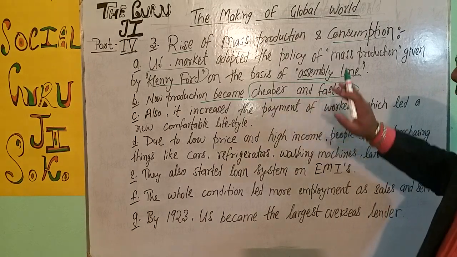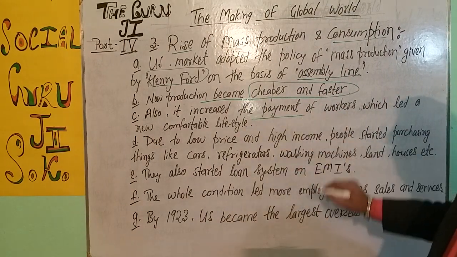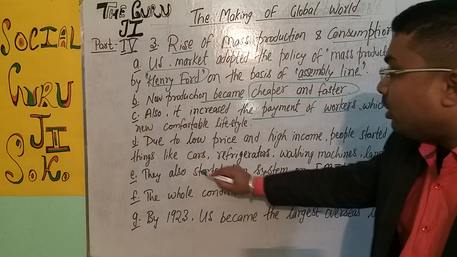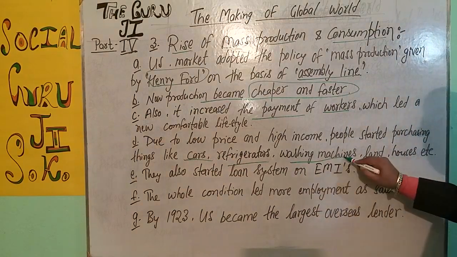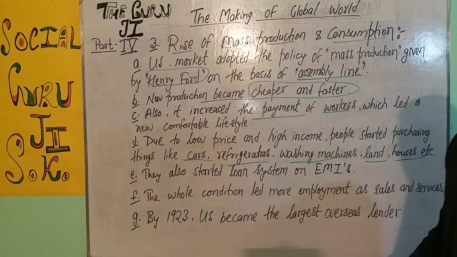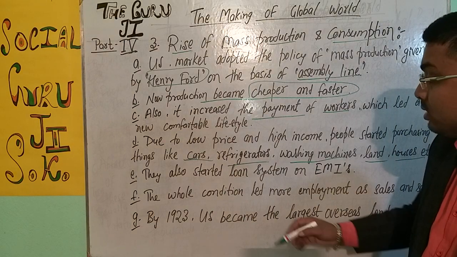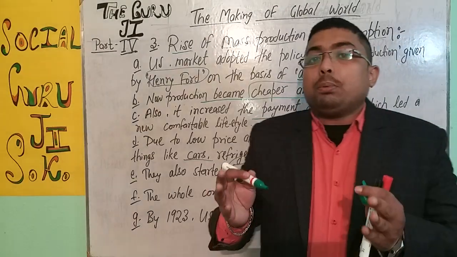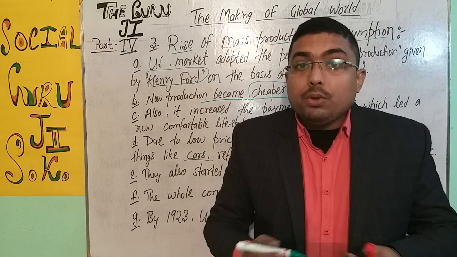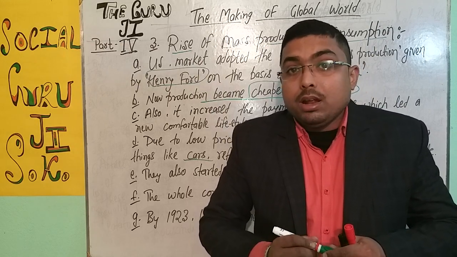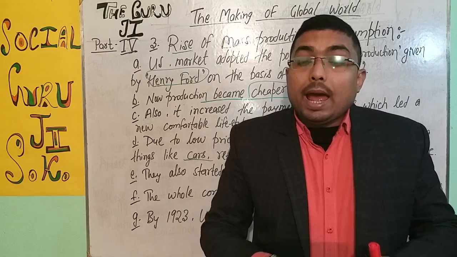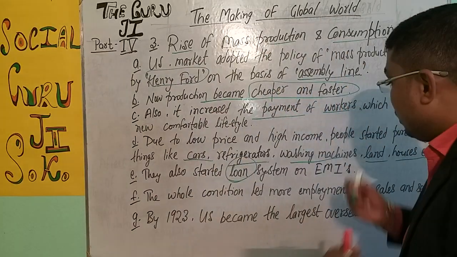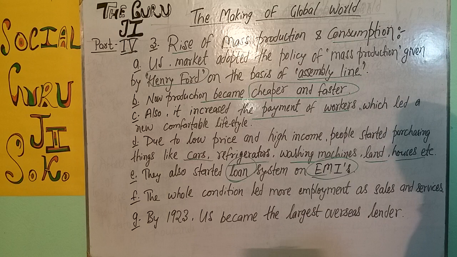Production became cheaper and faster, which increased the payments of workers, and now they were purchasing more comfortable things like cars, refrigerators, washing machines, land, houses, and all these things started in the US in the form of loans. Means suppose अगर उनके पास टोटल मनी नहीं है to purchase that product, तो जैसा अभी होता है, we have a loan department in every bank, they give us a loan and जो rest payment है, we pay it in easy EMIs, monthly installments. So they started using this system.